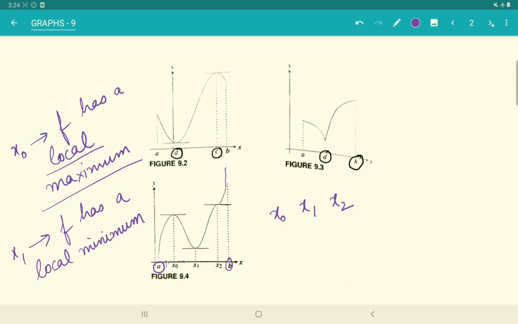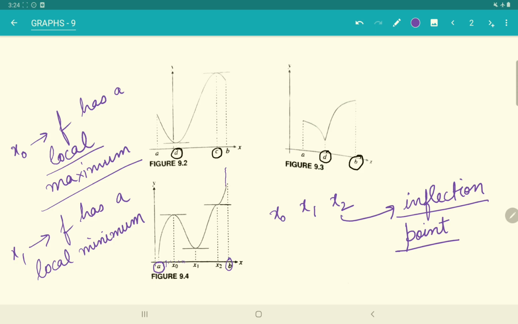And here x2 will be called an inflection point. So an inflection point is a stationary point. Clearly x2 is a stationary point, but it is neither a local maximum nor a local minimum. And x2 is called an inflection point.